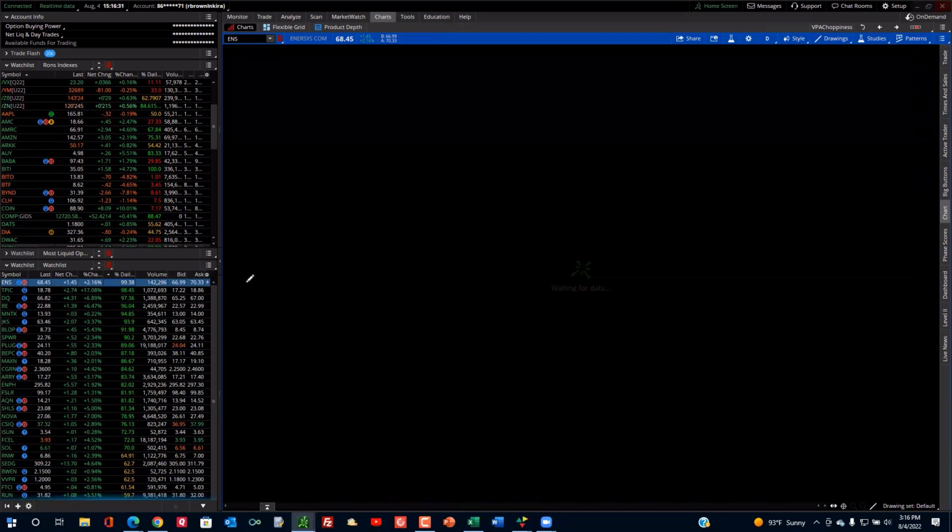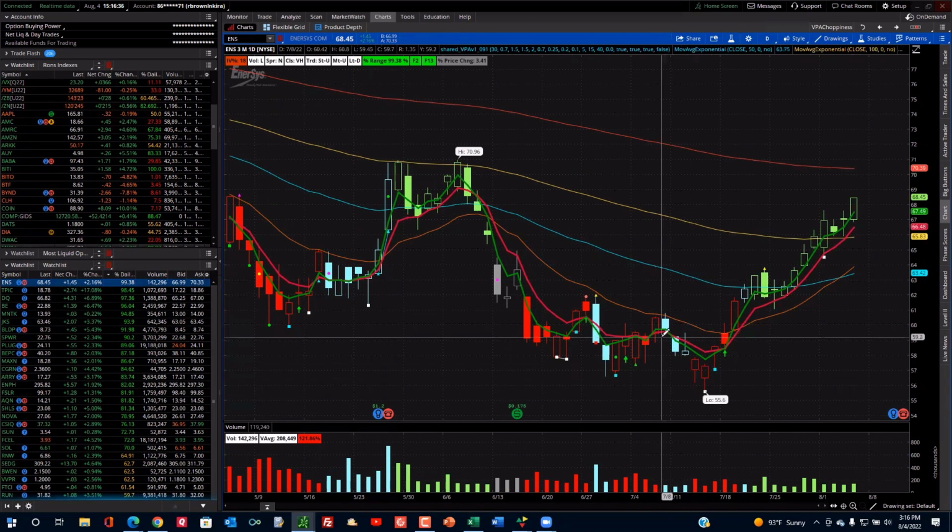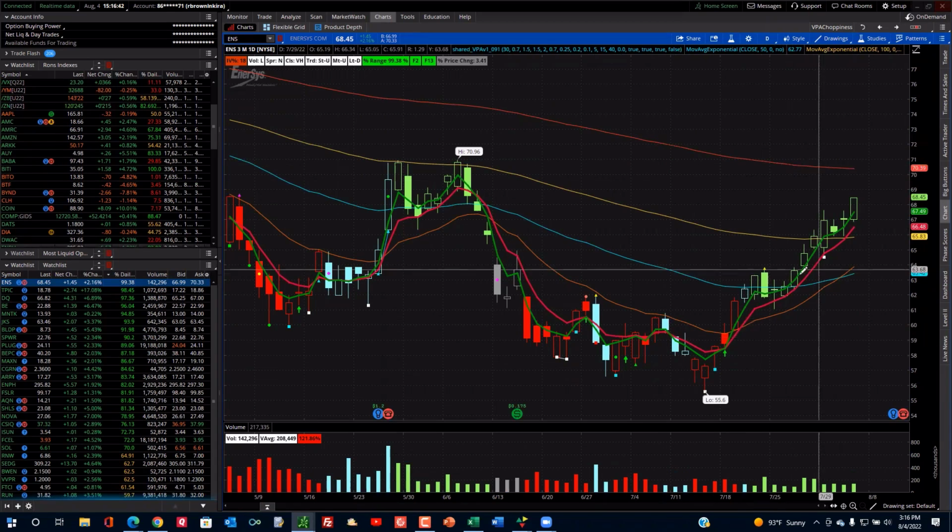Let's just take a look at ENS. And you can see that ENS with this chart, and this is the identical chart, except I don't have the crossovers marked on the Thinkorswim chart. But here is where the crossover occurred on this stock, and it didn't go back down. And look, where's it gone?